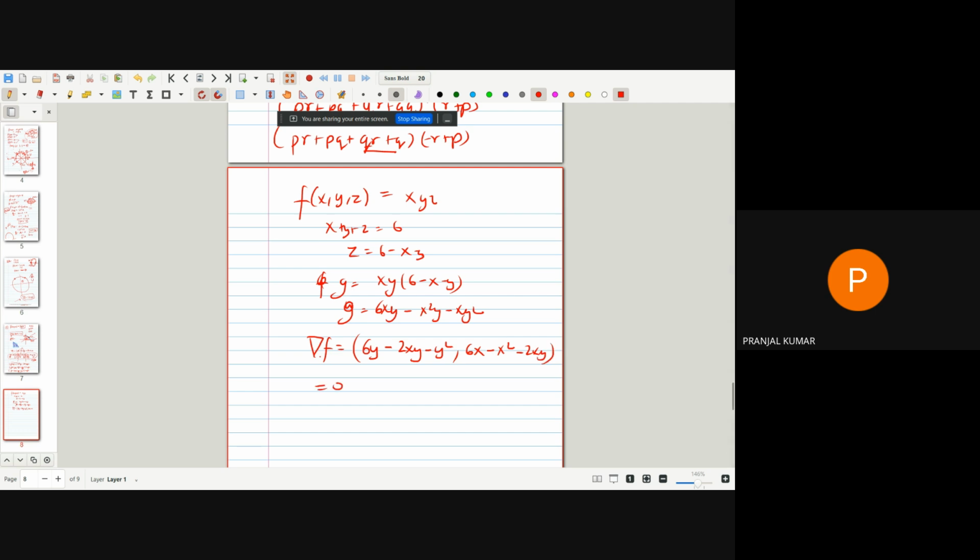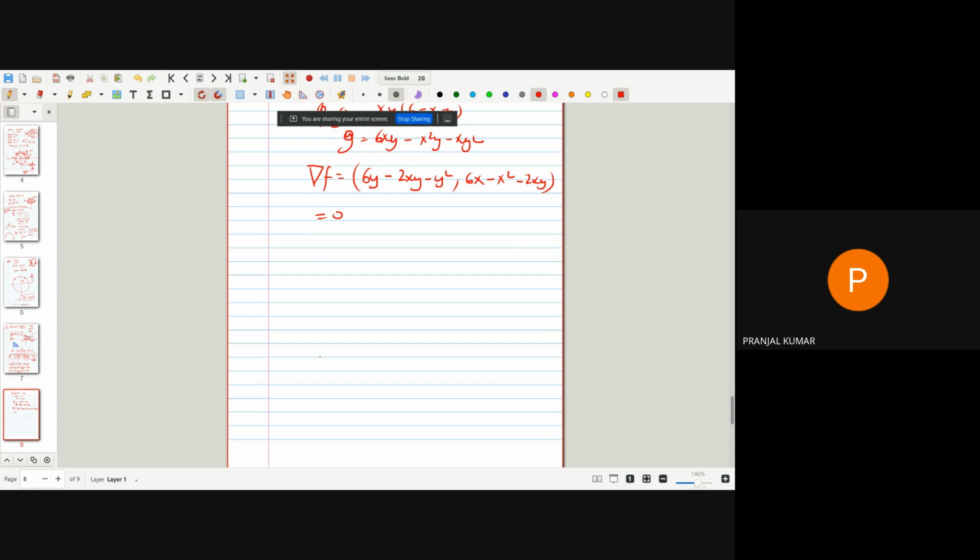Now you have to equate it to 0. So you will get 6y minus 2xy minus y square is equal to 0, and 6x minus x square minus 2xy is equal to 0. You can take y common from here: y times (6 minus 2x minus y) equals 0.